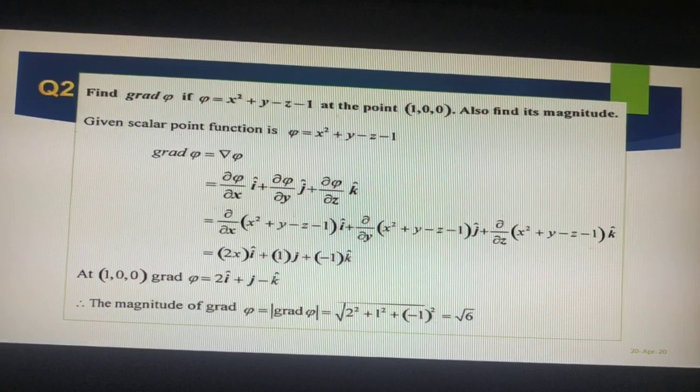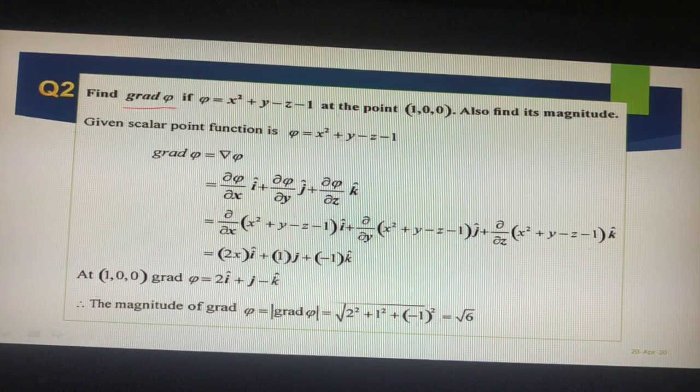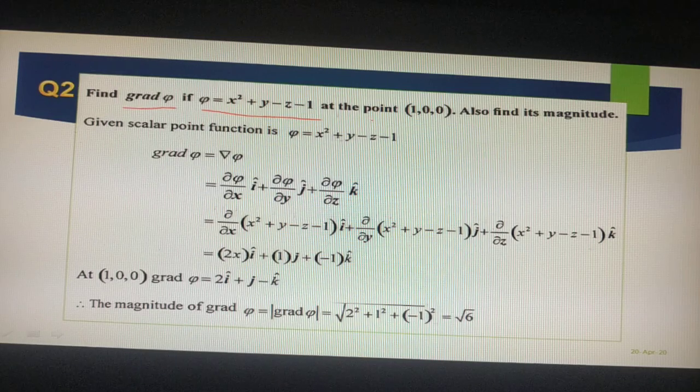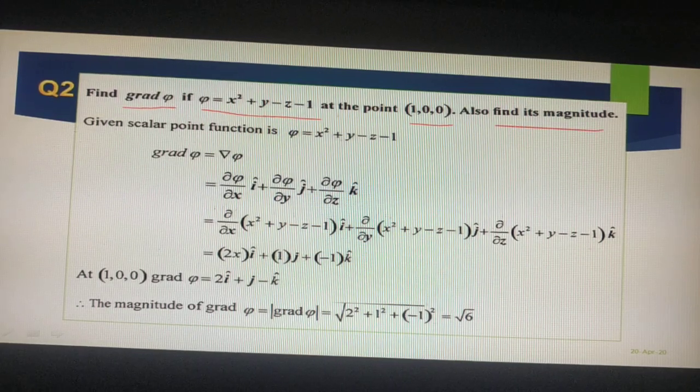Now see here also the same problem, we are finding grad phi. We have a scalar point function. At what point should we find it? At (1, 0, 0). We also need to find its magnitude.